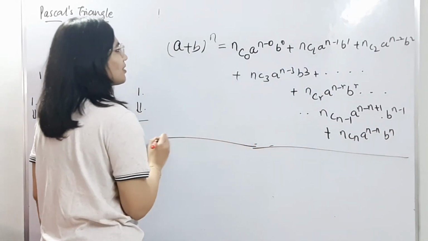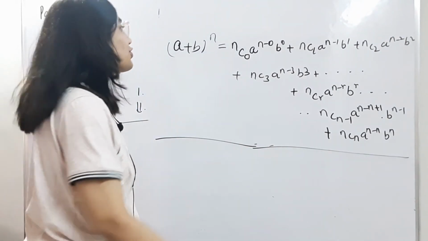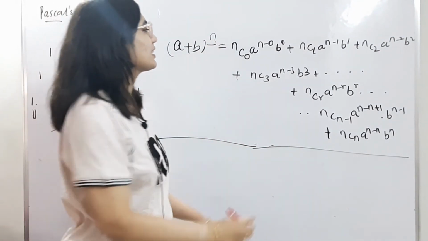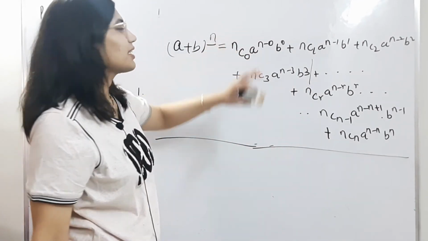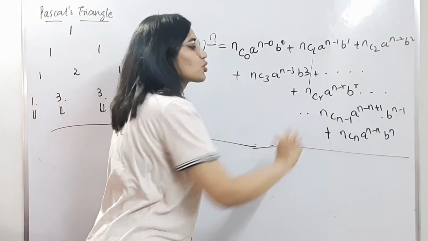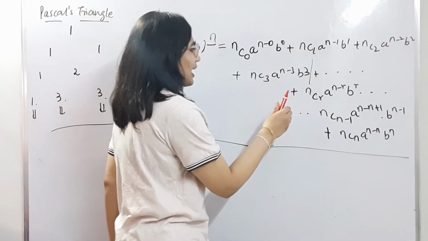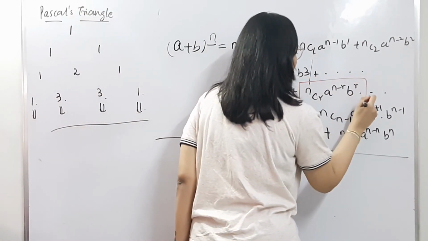This is binomial theorem. If you substitute 3 here, you will see that the expression will stop till here. If you substitute n as 25, the expression will stop at 25. And this is the rth term.